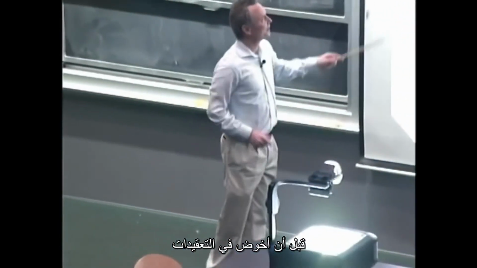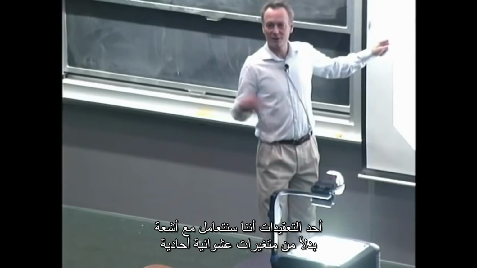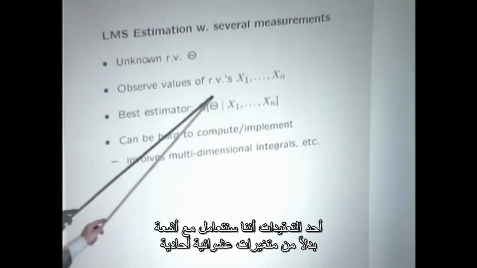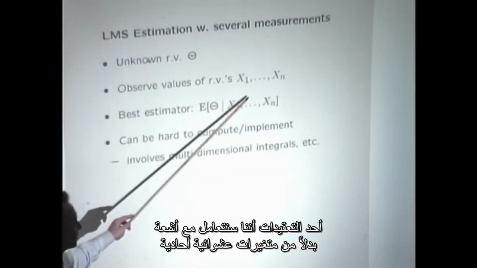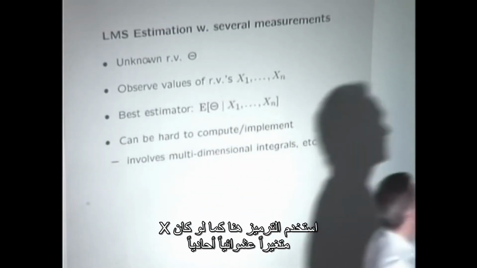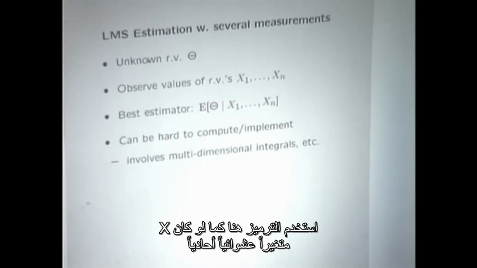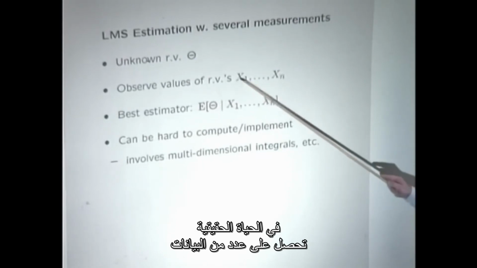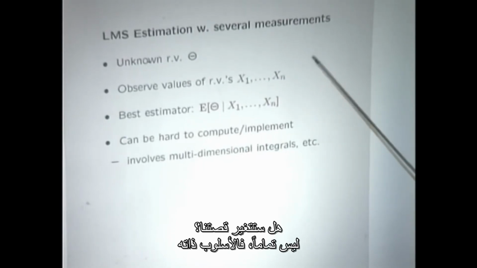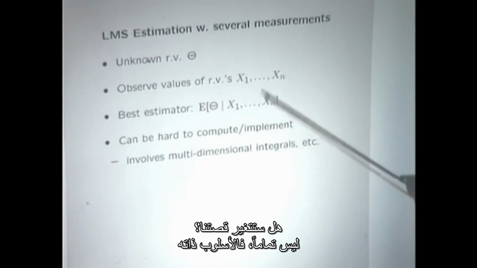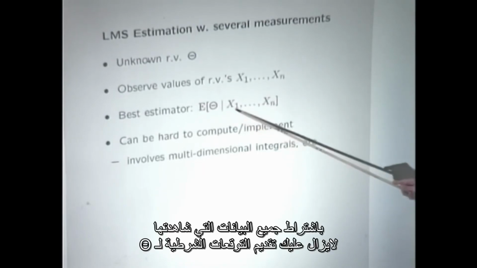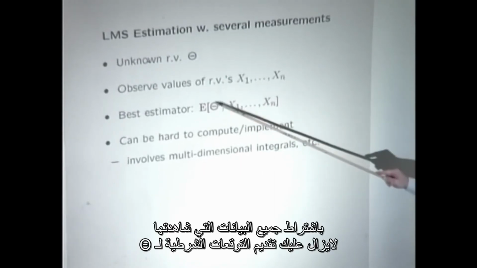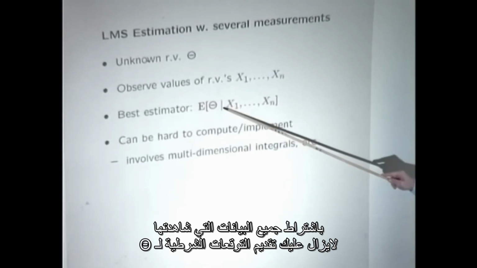One complication is that we deal with vectors instead of just single random variables. I use the notation here as if x was a single random variable. In real life, you get several data. Does our story change? Not really. Same argument. Given all the data that you have observed, you should still report the conditional expectation of theta.